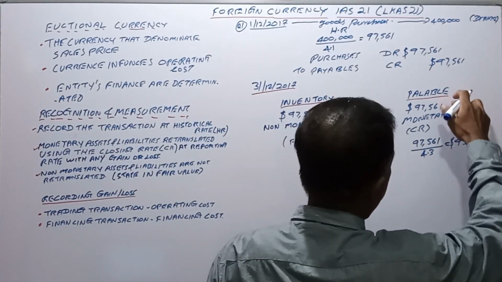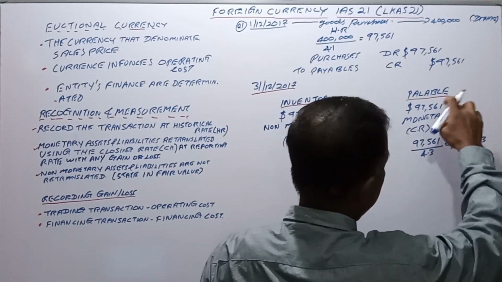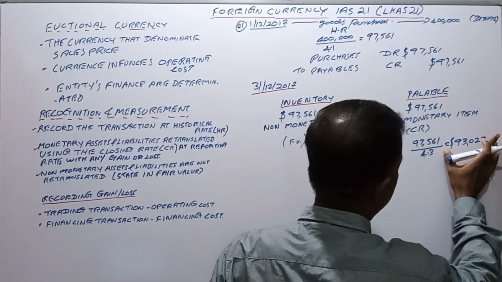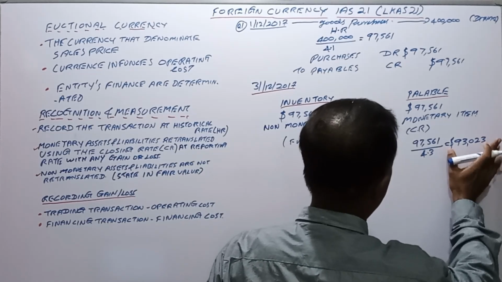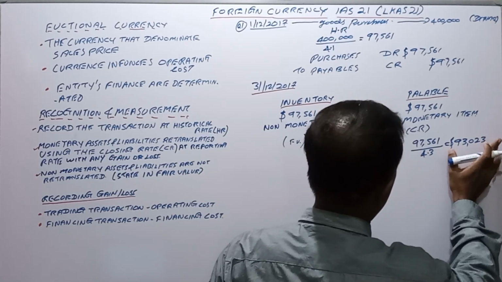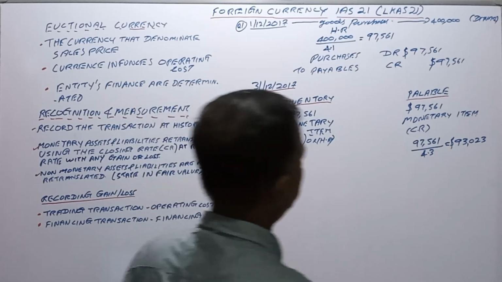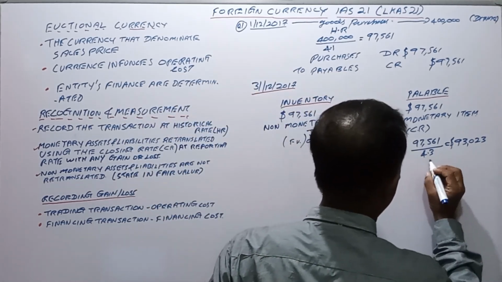The payable was the higher amount, and now it is the lower amount, so the difference will be a gain.